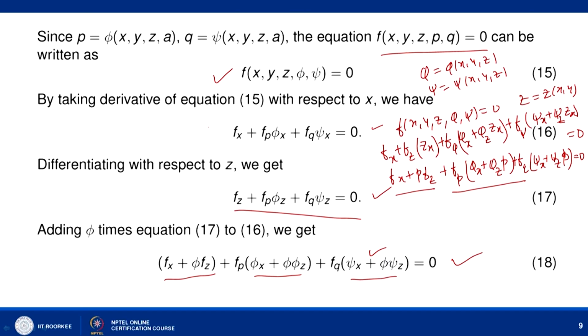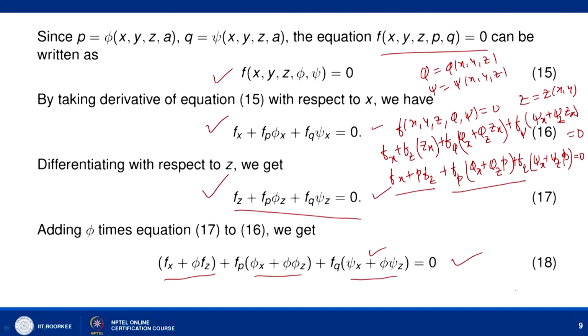So whether you do it like this, that first you differentiate with respect to x, keeping z as an independent variable, z not depending on x, and then you differentiate again with respect to z, and then suitably manage with equations number 16 and 17 to get equation number 18, or you assume that z is a function of x, y and simply differentiate with respect to x to get this expression that is given as equation number 18.